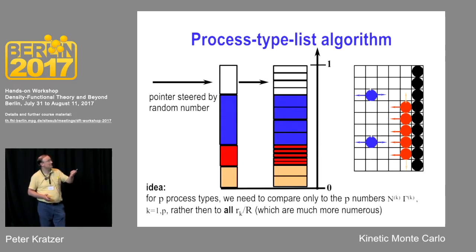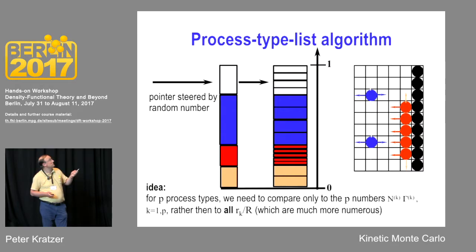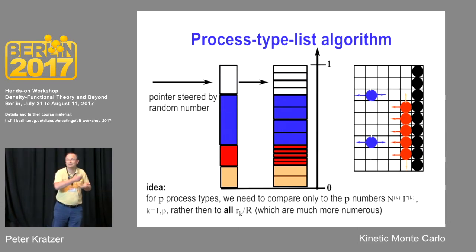Now, for example, if the blue has a high rate, you have to select this with a high probability. And you make sure by having this brick large. Now in this process, it's also efficient because you need to compare your random number only once, twice, 3 times, at most 3 times. You don't need many comparisons.